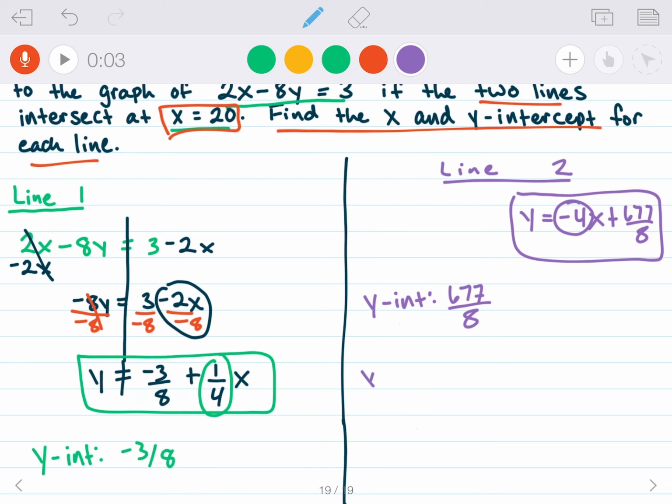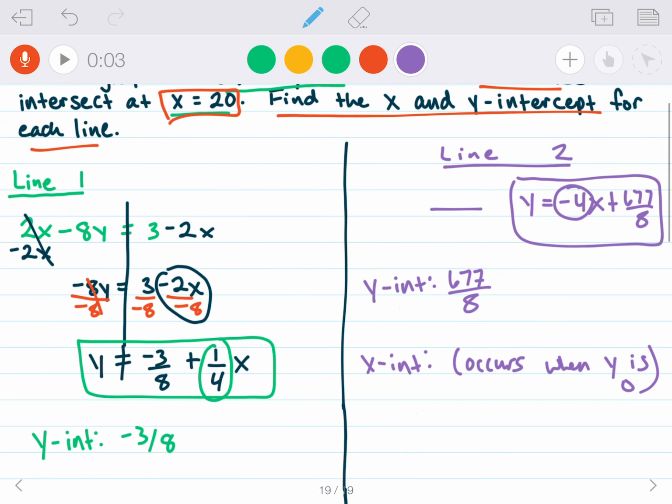Now, what about the x-intercept? Well, the y-intercept occurs when x is 0. The x-intercept occurs when y is 0. So we set y equal to 0 in our equation up here and solve for x to find our x-intercept.